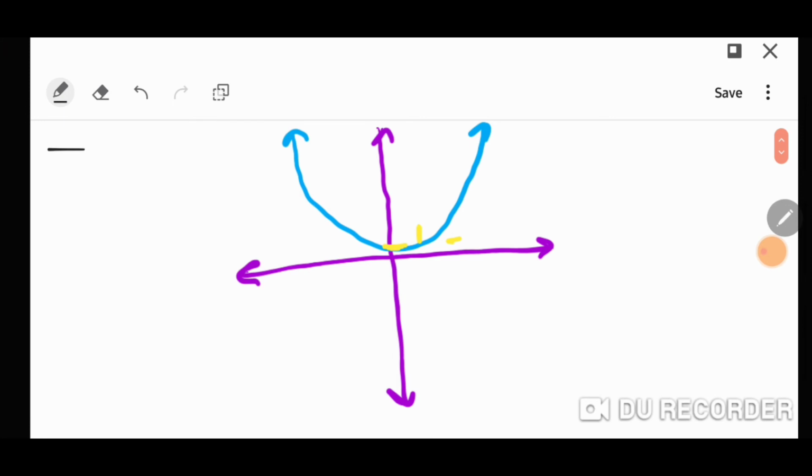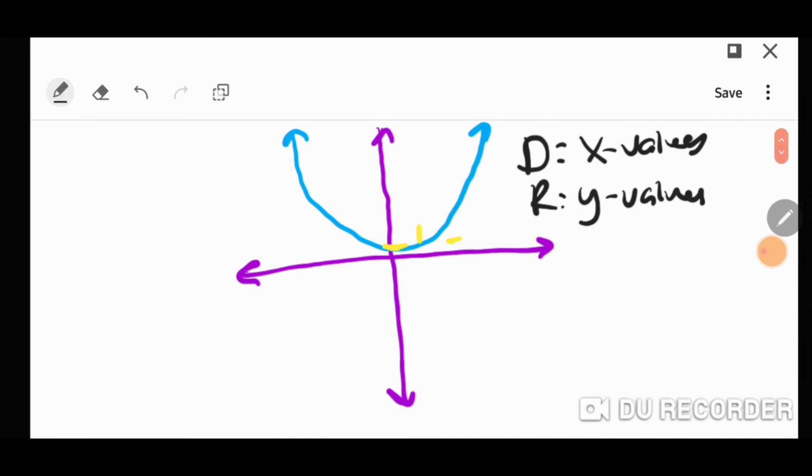So again, domain, let's write it again, is x values. And range is my y values. Okay. So the domain for this function is all my possible x values. As you can see, they have arrows here. That means this line or this parabola will continue going up in both directions.